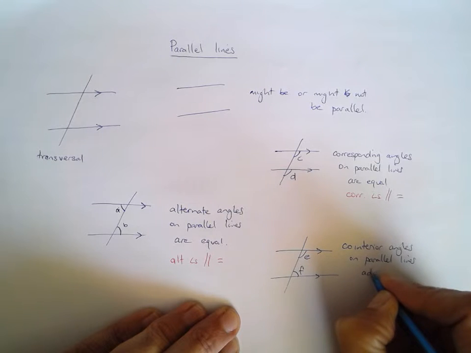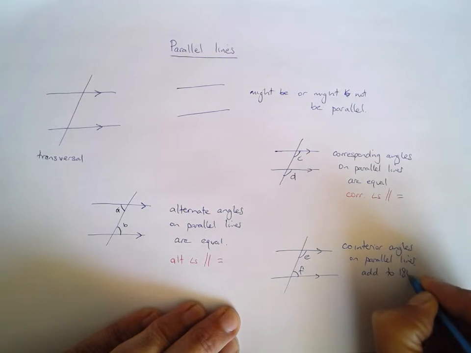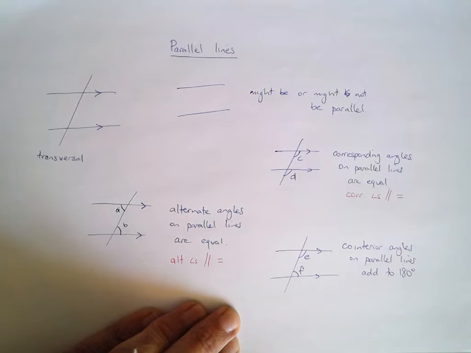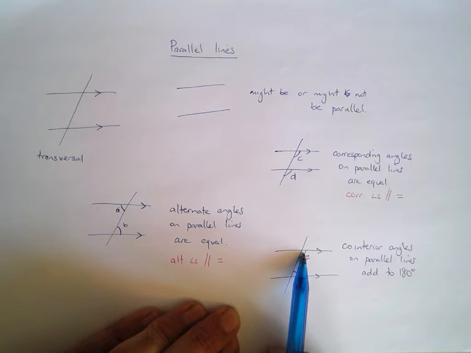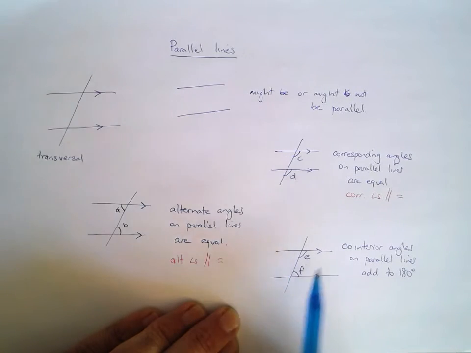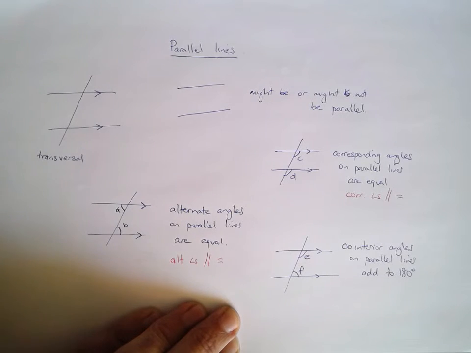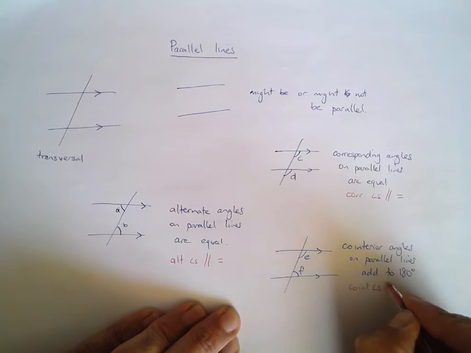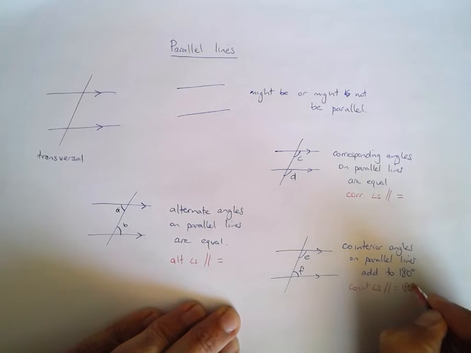They add to 180 degrees. This angle here, E, plus this angle here, F, adds to 180 degrees. And we can see that E is a corresponding angle to this one down here, and they're on a straight line there. But we can say co-interior angles, parallel lines equals 180 degrees.